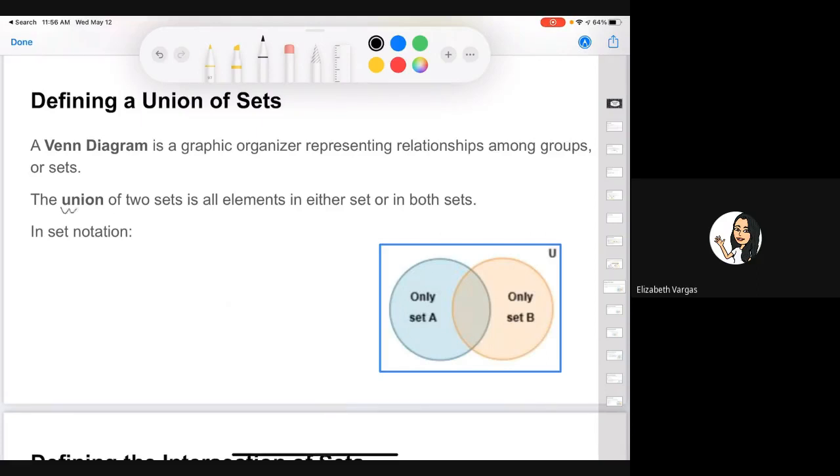Whenever we have a union, we'll represent that using this symbol right here, which looks like a small lowercase u.